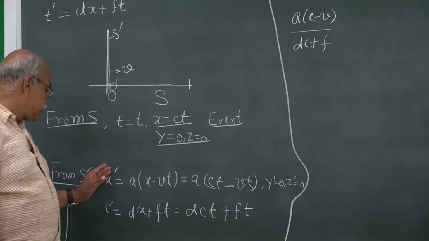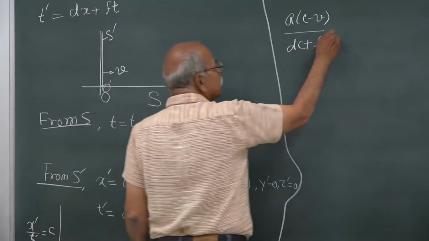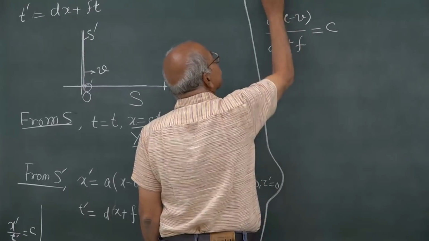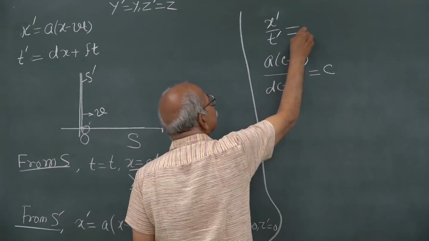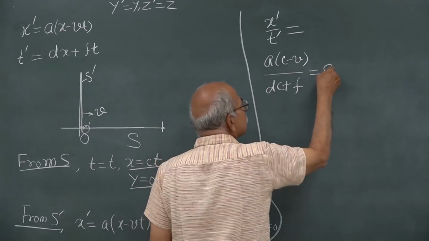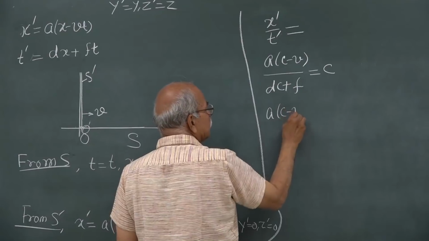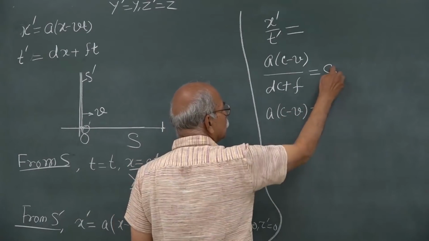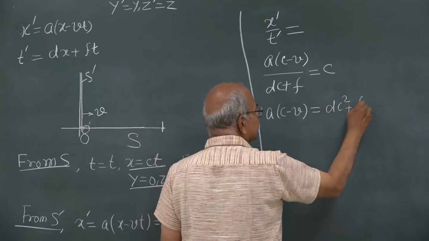So, that is x prime by t prime, that must be c. So, this should be equal to c. Therefore, a into c minus v is equal to d c square plus f c.